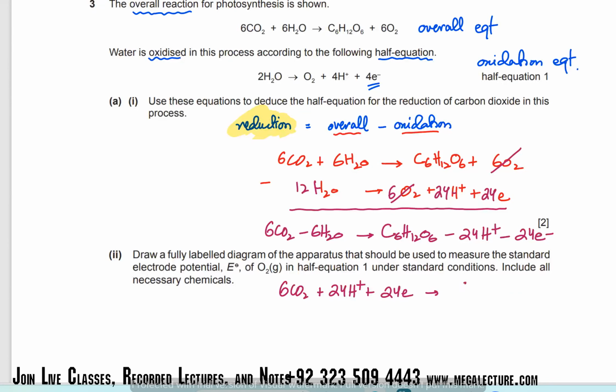And product में, that's C6H12O6 and plus 6H2O. So nothing different. It's exactly the same equation. I've just rearranged it. Okay.